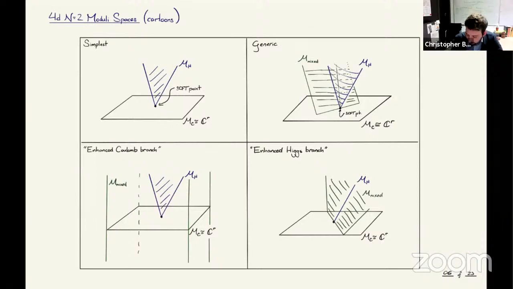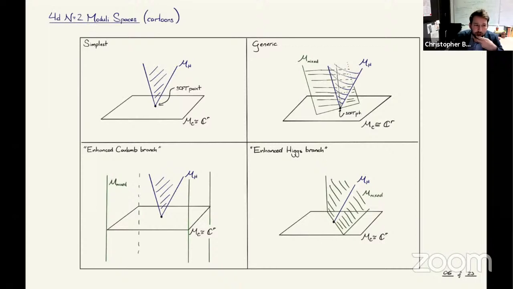And that's the case when the entire Higgs branch, which in this picture, in order to demonstrate this phenomenon, I've had to collapse to just look like a line, is embedded smoothly inside of some mixed branch. So the physics of that is that if you go to the generic points on the Higgs branch, there are still Coulomb branch directions you can move in, which is to say that there are still abelian gauge theory degrees of freedom in your theory.